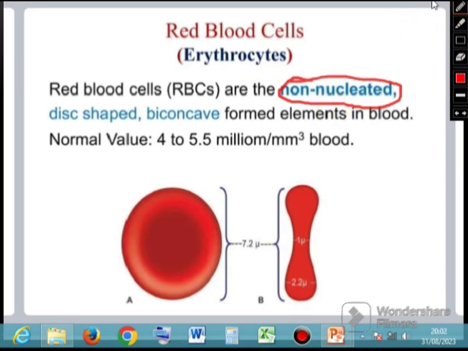It is biconcave in shape, and it has a diameter of 7 to 8 nanometer.